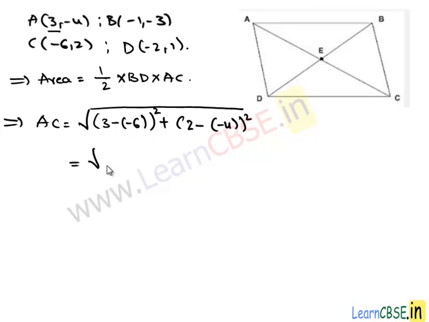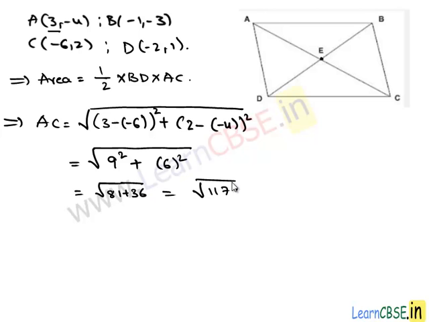So 3 minus of -6 is +6, so 3 plus 6 is 9, and 9 squared. 2 plus of -4 is +4, 2 plus 4 is 6. 9 squared is 81 plus 36, and it is equal to √117.